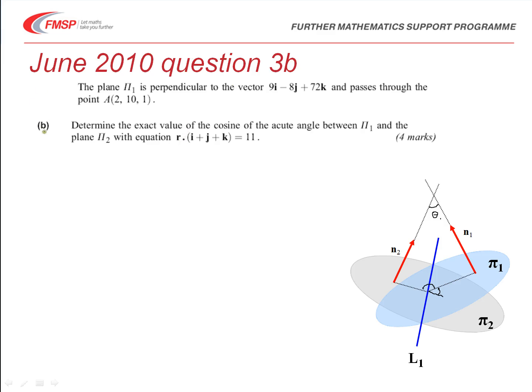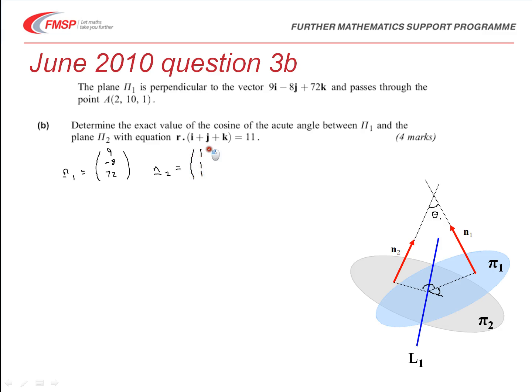So where do we go? Well, let's write down what the normals are then. We've got the normal n1 will be equal to 9, negative 8, 72. We know the second normal is just 1, 1, 1.